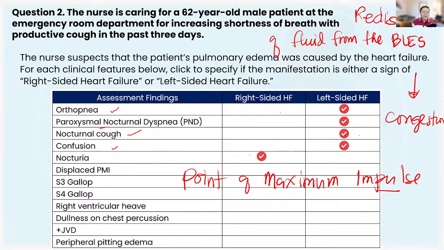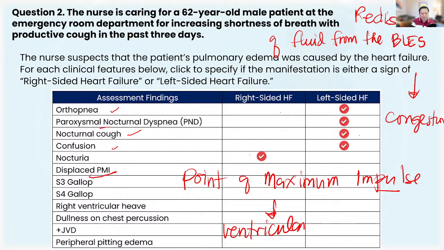However, the PMI will be displaced. It simply means that the site of the PMI is no longer there. It will go further below the fifth intercostal space. Why? The reason for that is because of the ventricular enlargement.